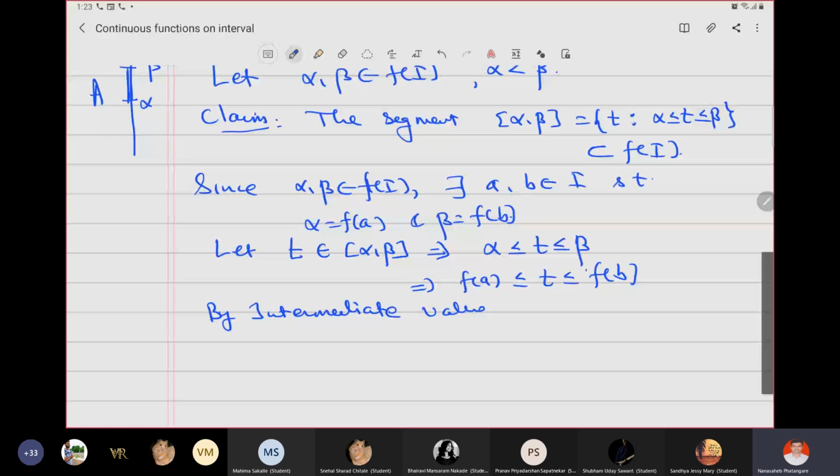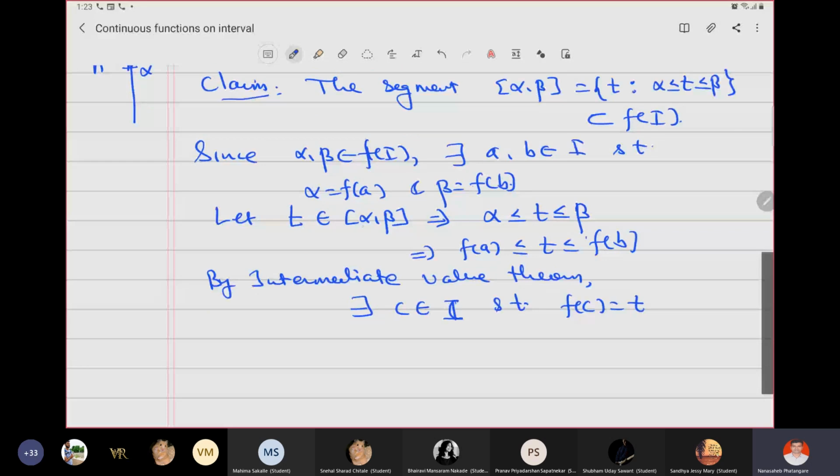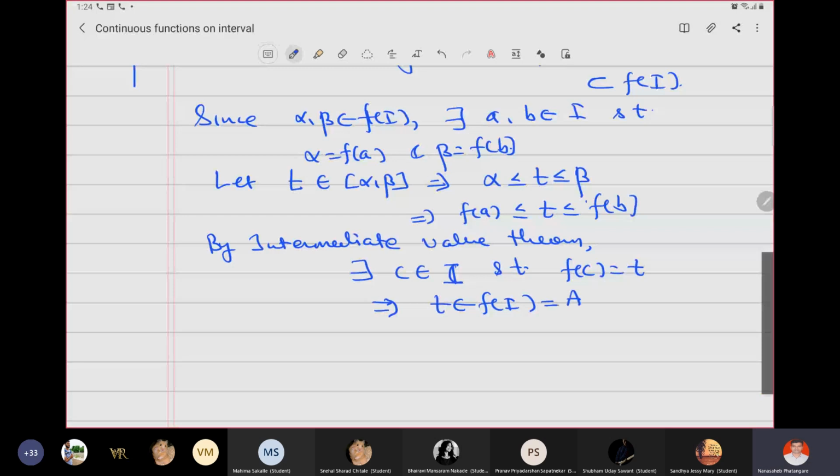Now I select any element in between alpha and beta, and I found that there is a c in the domain whose image is t. So ultimately, can I say that t is in the range? Because t is the image of some element in the domain. Correct?